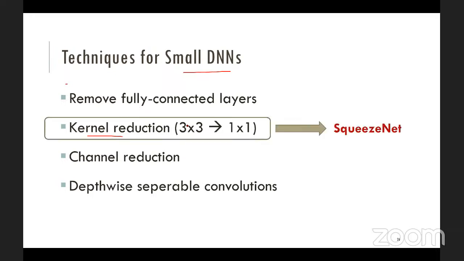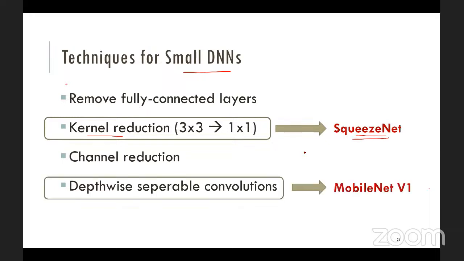This first technique, kernel reduction, is followed in SqueezeNet. There are so many; those who are already working in the field are aware of it, but those who are new to it will see that every other day we are getting new networks, right? Then this depth-wise separable convolution is followed in MobileNet, which is a very famous model.